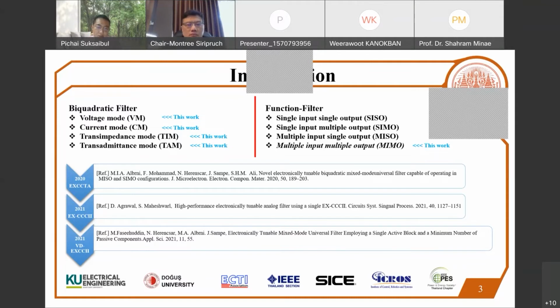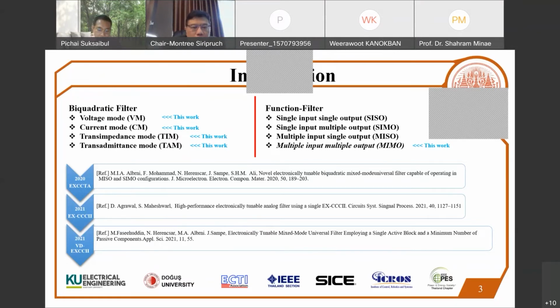Next, in 2021, Alcohol with his coordinator presented a mixed mode universal filter using only EXCCII, 2 grounded capacitors and 1 floating resistor, but they got 17 filtering functions. In the same year, Fast Sihudin with his coordinator presented a mixed mode filter using only VD-EXCCII, 2 grounded capacitors and 3 floating resistors. That circuit required 2 passive component matching conditions, and they got 20 filtering functions.